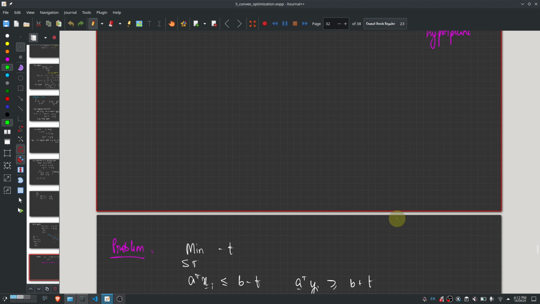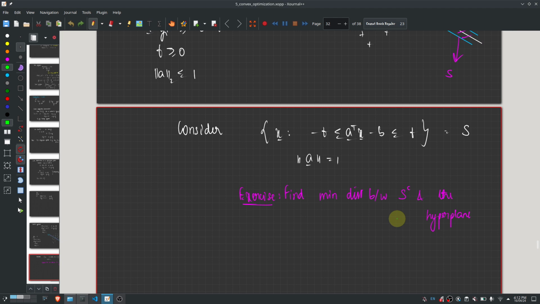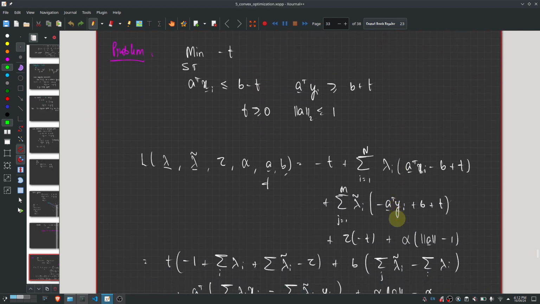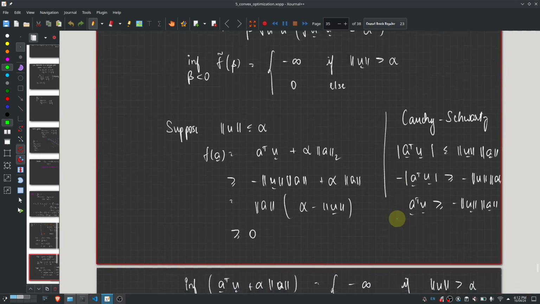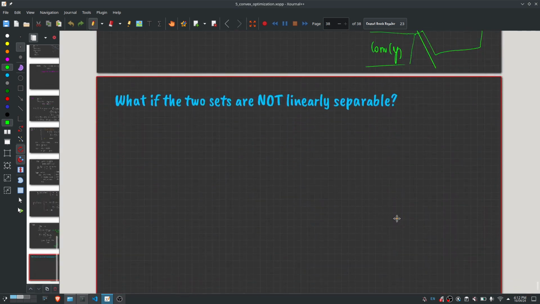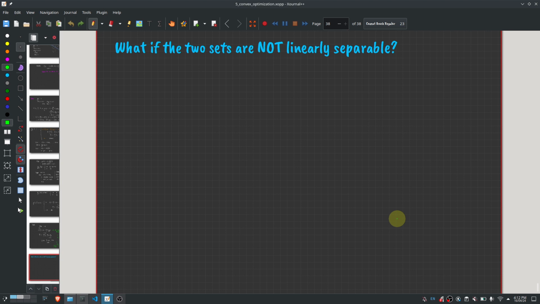One way is to extend this idea of the width of the slab. So now let's look at the scenario wherein the two sets are not linearly separable.